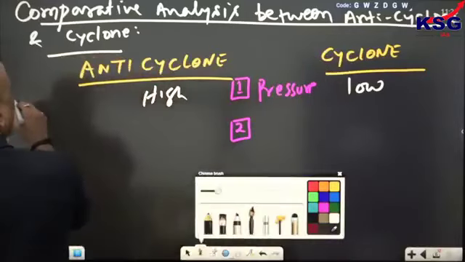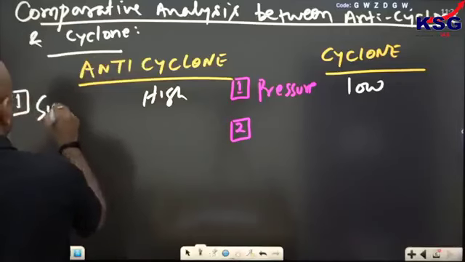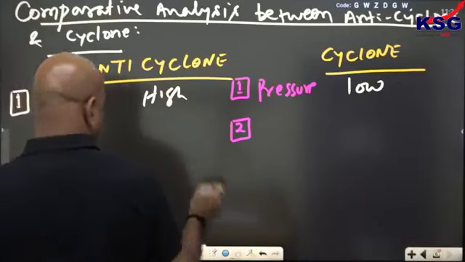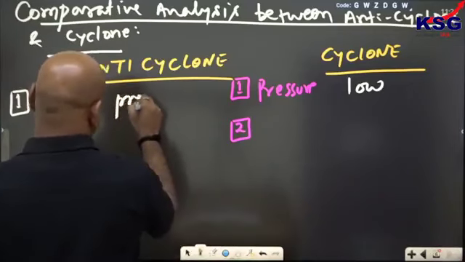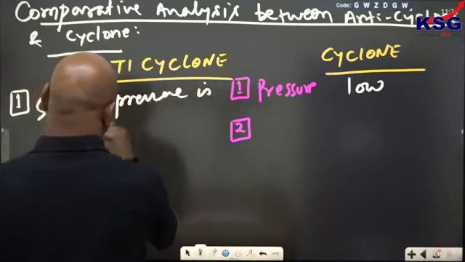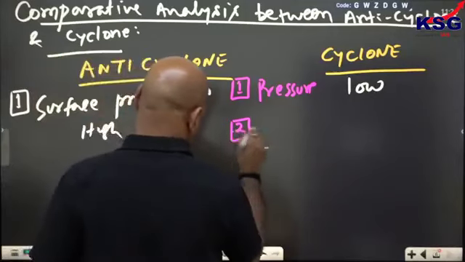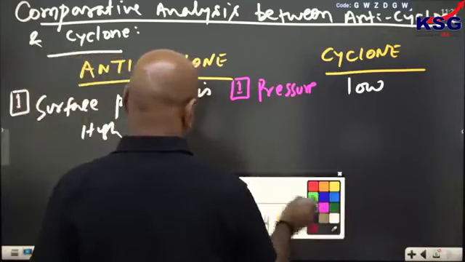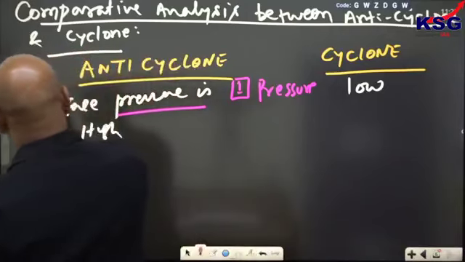So you can write down here like surface pressure is high in this case. Surface pressure is low in that case.